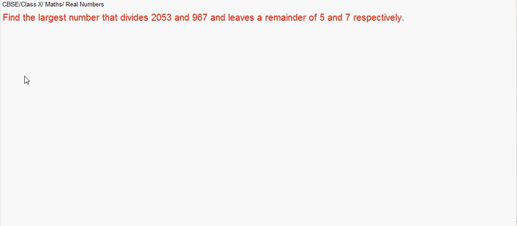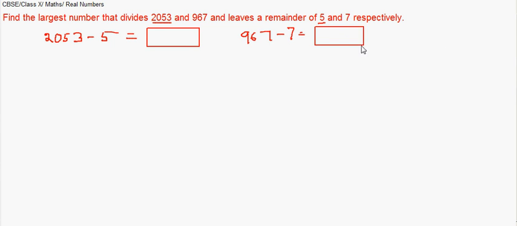We have to find a number that leaves a remainder of 5 for 2053. That means the number which I get after subtracting 5 from 2053 will be completely divisible. Similarly, if I subtract 7 from 967, I will get a number which is completely divisible without leaving any remainder.